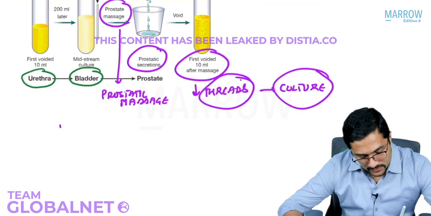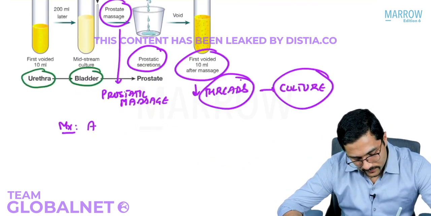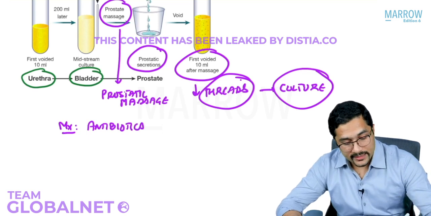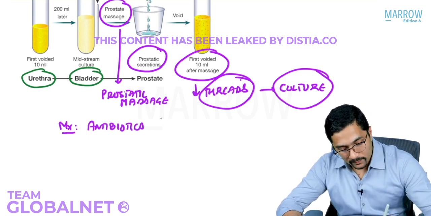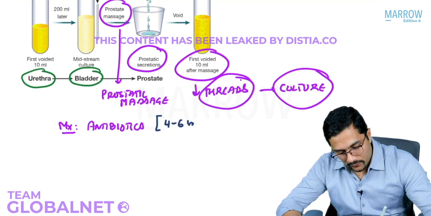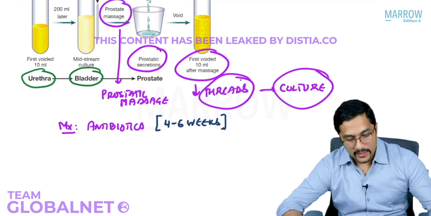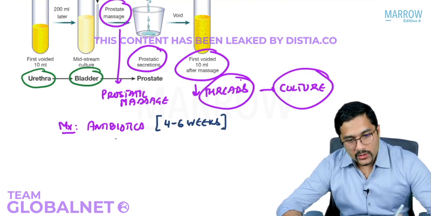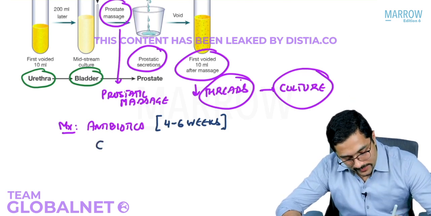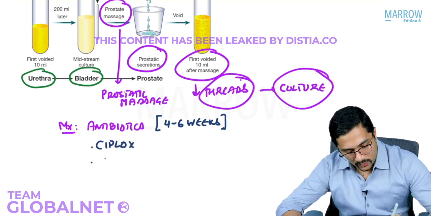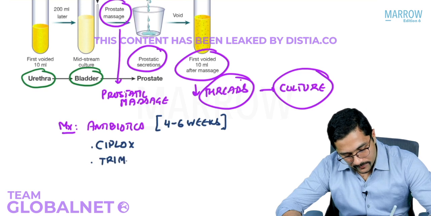The management is antibiotics. Because it takes a longer time for antibiotics to penetrate, antibiotics are usually given for 4 to 6 weeks. The usually used antibiotics are Ciplox, that is ciprofloxacin, or trimethoprim.